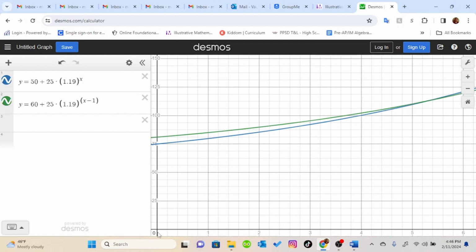And then you can see that we go from 0 to 6 on the x-axis, counted out by 1s. Now when we look, this first equation here is Elena's. And it's going to start at 75, and then it's going to end right up here around 120-ish when it gets to 6.